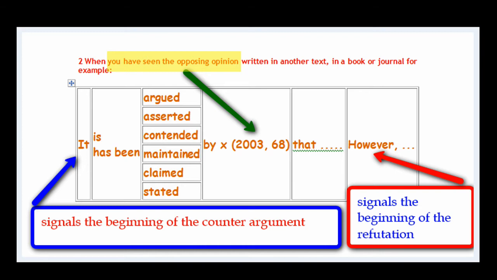So, when you have seen the opposing opinion, or the counter-argument as we like to call it, when you've seen this written in another text somewhere, whether it be a book or a journal, here are examples of the language you can use to show the beginning of the counter-argument and also show the beginning of the refutation.